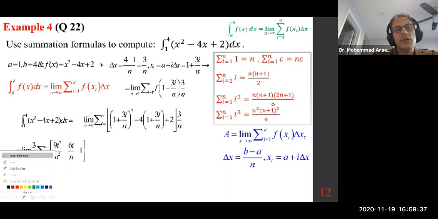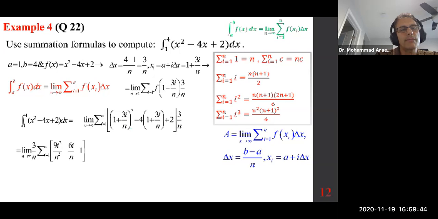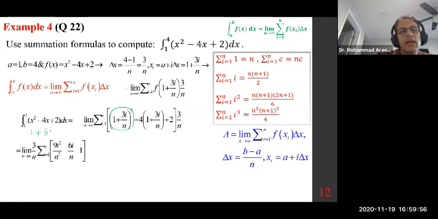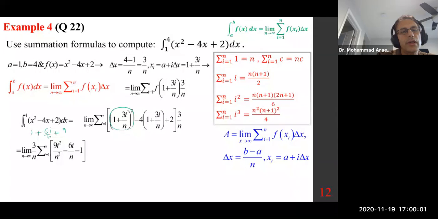So 1 plus 3i over n squared, this part, class, is what? 1 plus 2 times the 6i over n plus 9i squared over n squared. So that would be the first one.